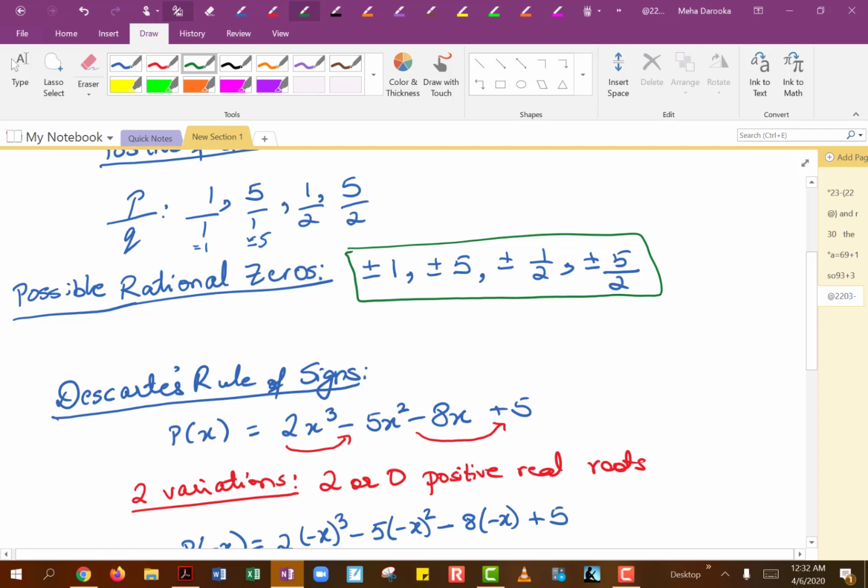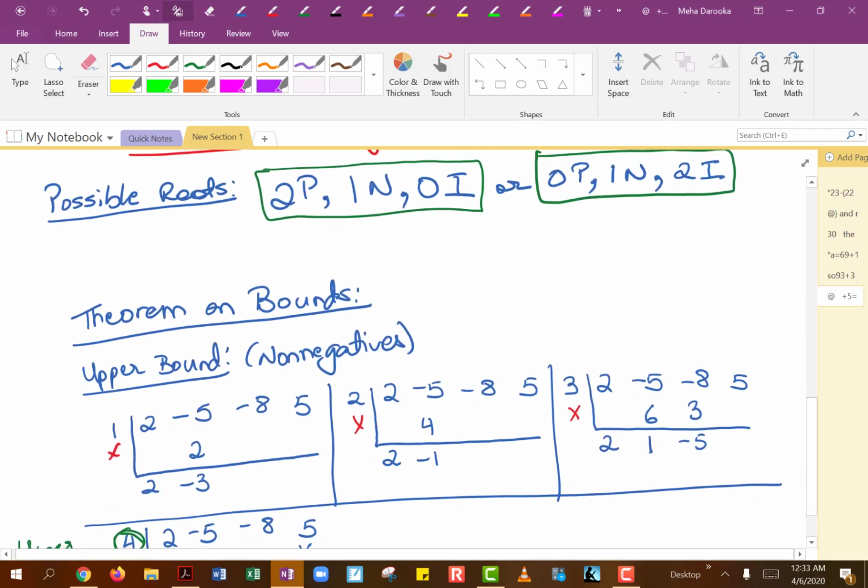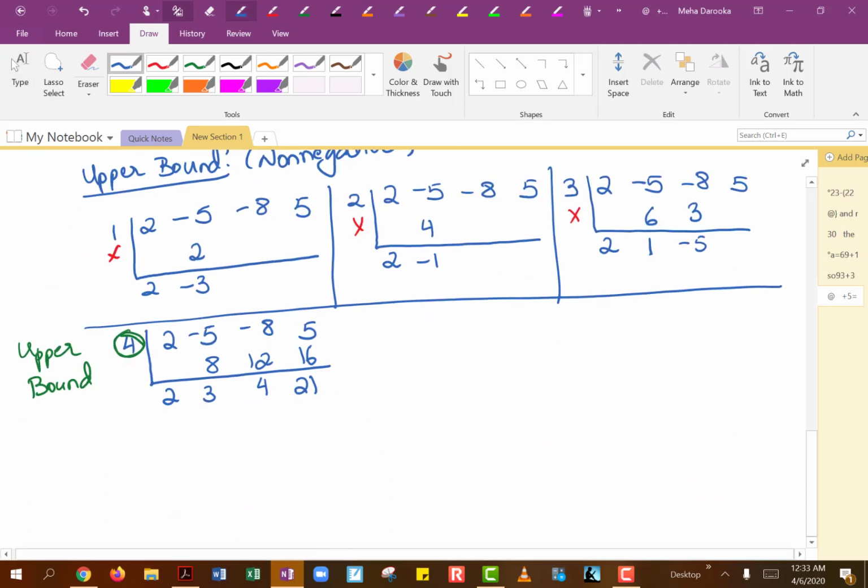You won't need to use positive 5 as one of your solutions, because positive 1 is less than 4, positive 1/2, positive 5/2. 5/2 is basically 2.5, which means you can discard positive 5 from your roots, because he does not satisfy this upper bound of positive 4, right? Anything greater than positive 4 is not included.